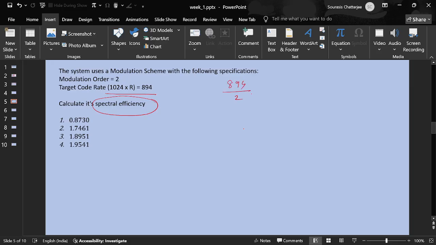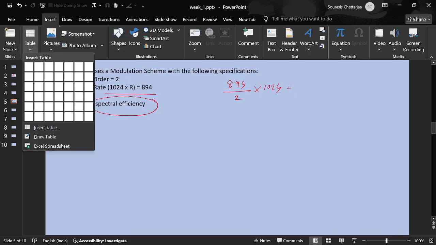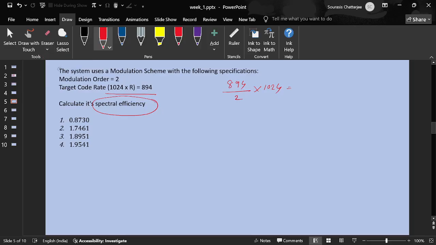Sorry, 894 divided by 1024, and then into 2. Sorry about that. And what is the answer going to be? Can one of you please calculate? 0.8737, so 1.746, yeah, 1.74. Okay.